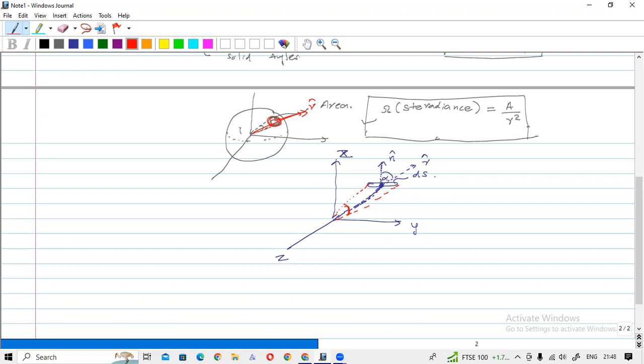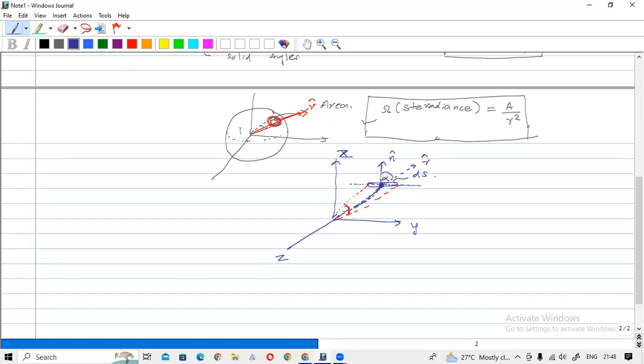So if you consider that this is alpha, and this is the surface. I have told you that n hat is perpendicular to the surface, not r hat. r hat is not perpendicular to the surface.